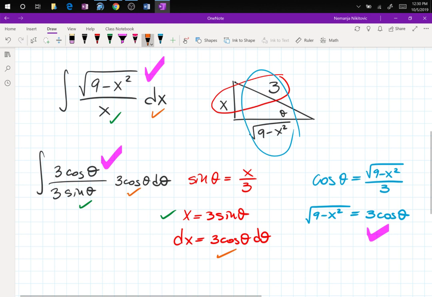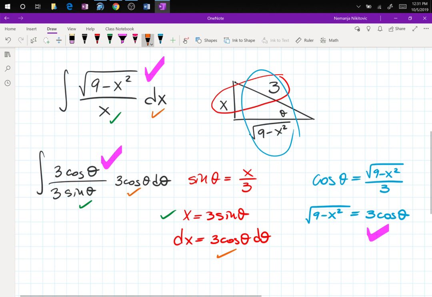So you've got to do some chasing over here, but all of the pieces are there. Your 3 cosine theta is the square root, which is in blue. Your 3 sine theta is the single x, which is there in red. And checked with the orange one is the dx substitution, which you get by differentiating x. So just a little bit of chasing around to plug all of these things in.